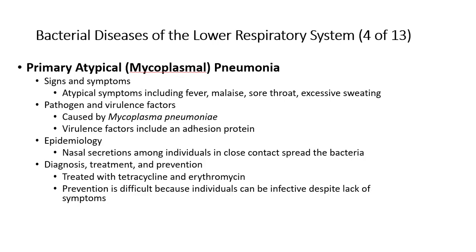And you can get it from nasal secretions among individuals in close contact, and they spread that bacteria. The other thing that you get with Mycoplasma pneumoniae sometimes is a nasty cough. I've seen people with a really nasty cough on this one.